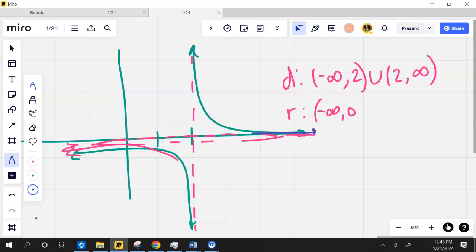Could you keep going on forever? Will you ever be 0? Here's the asymptote there. Does that make sense? So I can't actually be it, so I put a parenthesis there. I can get really close, but I can't actually be it. Same thing here. I get really close to 0, but it can't actually be 0. And then I pick up on the other side, and I keep going forever. Alrighty.